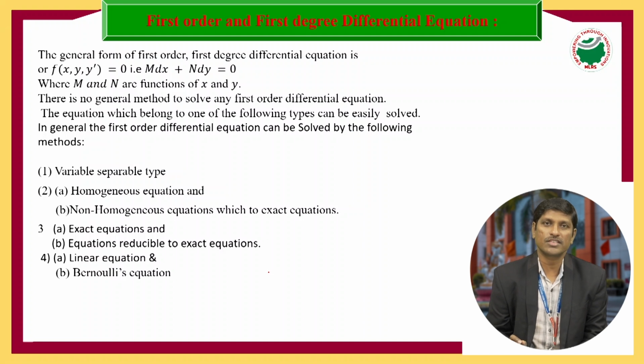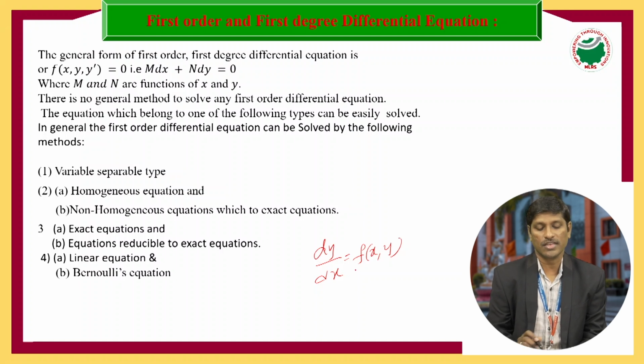First order and first degree differential equation: order, we know, is nothing but the highest derivative, and degree, we also know, is the degree of the highest derivative. That one we call degree, right? So the first order and first degree differential equation is dy by dx equal to f of x comma y.